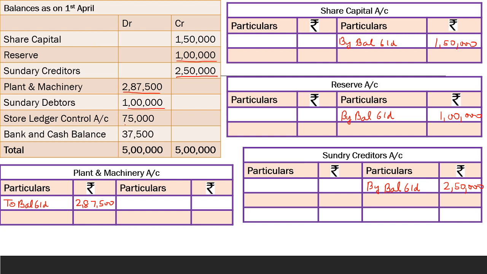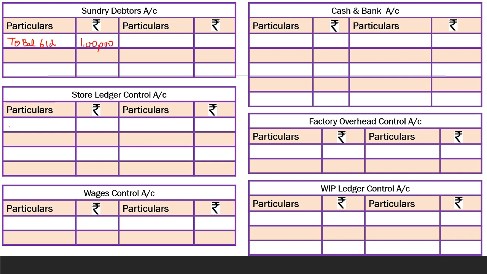So material remain in store is 75,000 and cash and bank balance is 37,500. Both are debit balance. So first we write the balance on the store ledger control account on debit side to balance brought down, and our balance in the store ledger control account is 75,000, and in cash balance our opening balance is to balance brought down 37,500.